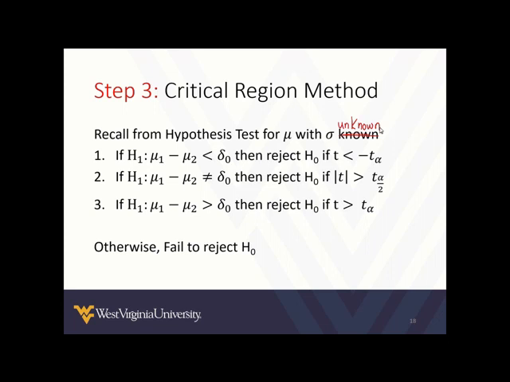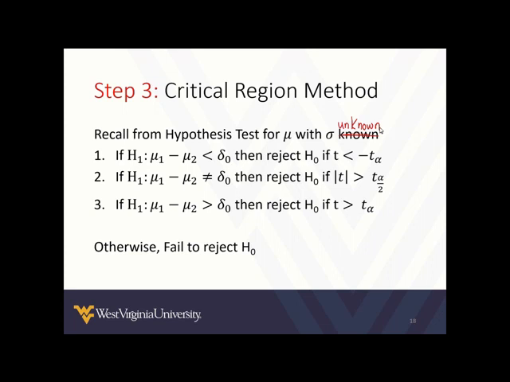So when we are doing the alternative hypothesis for less than, then we will reject the null hypothesis if t is less than negative t alpha. If we're doing the two-sided case, then we'll reject the null hypothesis if the absolute value of t is greater than t alpha over 2.